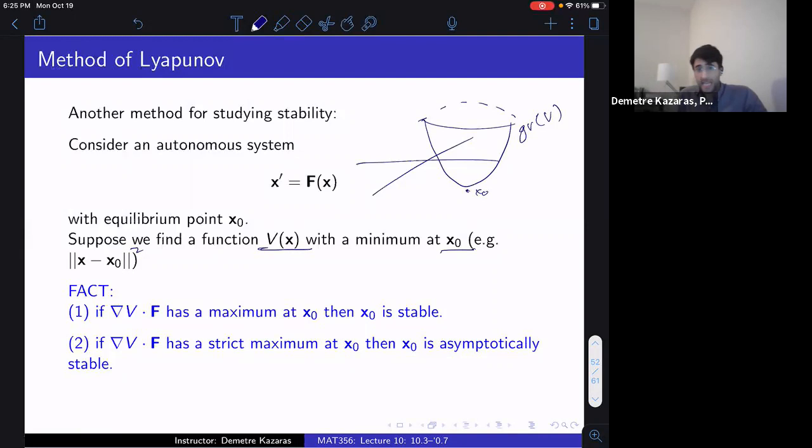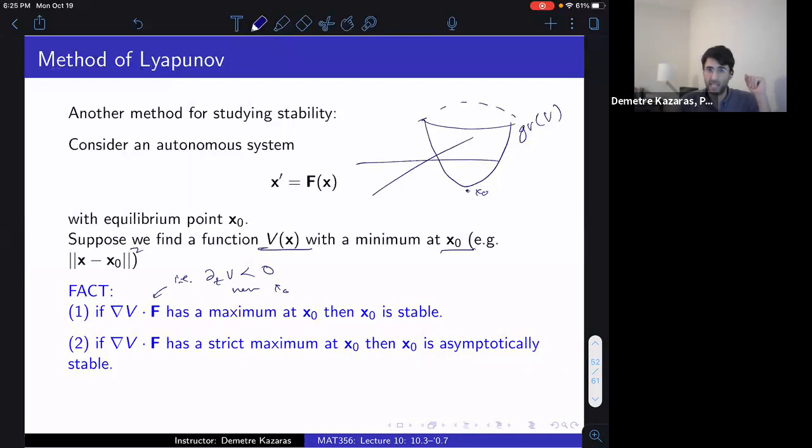Now here's the fact. Okay, if the gradient of V dot f has a maximum at x naught, which is to say that the t derivative of V is negative near x naught, then x naught has to be stable.